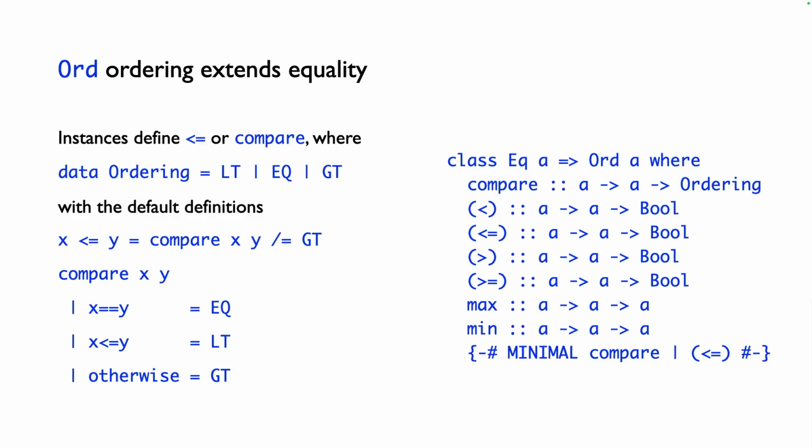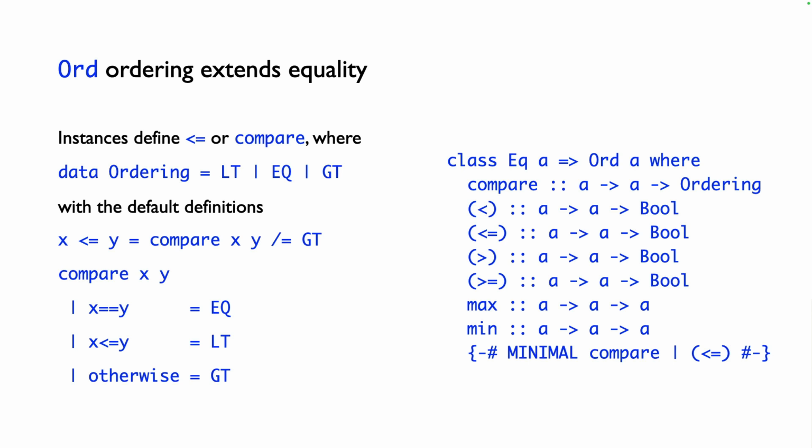So ordering: the class Ord extends the class Eq, and you can see this in the declaration on the right, which says if a is an Eq type, then you can define an Ord type if you provide the functions here. And there's a lot of comparison functions: less than or equal to, greater than or equal to, maximum, minimum, and a function compare.